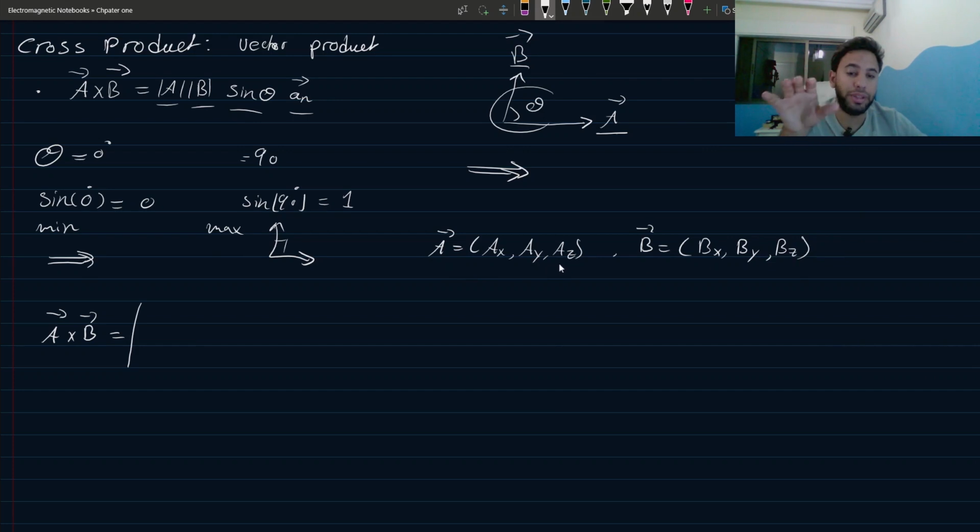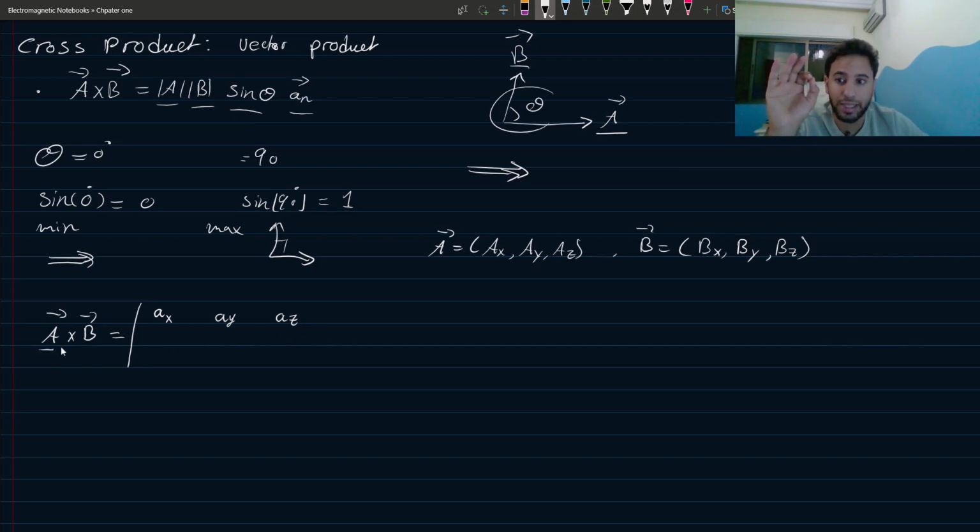Now, since they're both in the same coordinates, which they have to be, we write the unit vectors on top. Say ax, ay, and az. And then we write the components of the first vector that is multiplied.